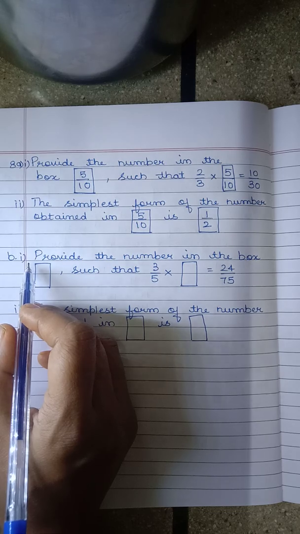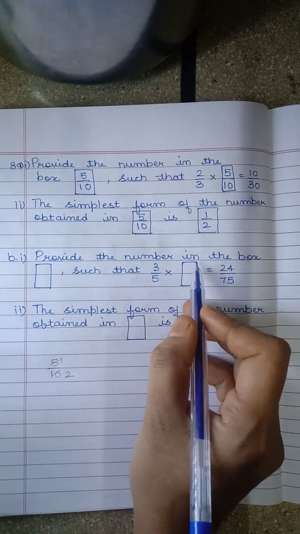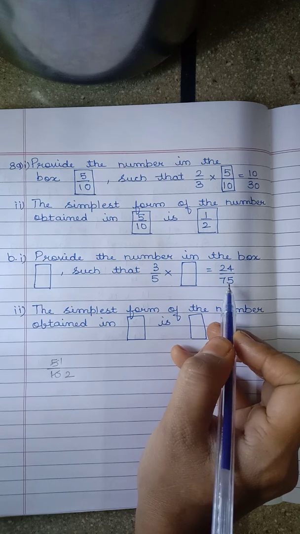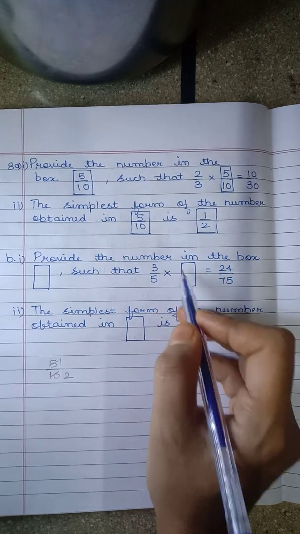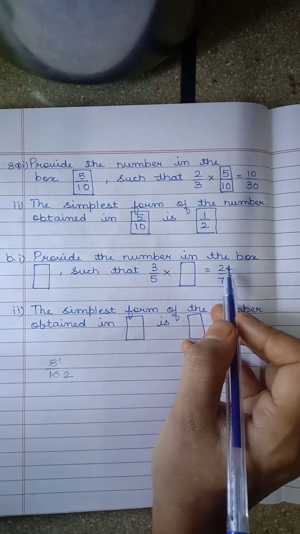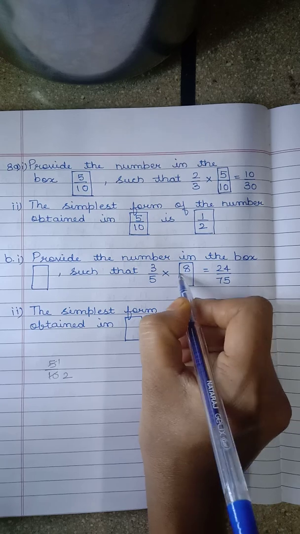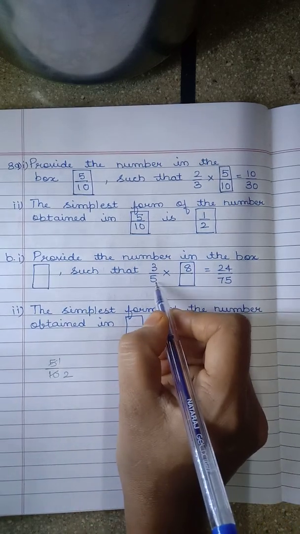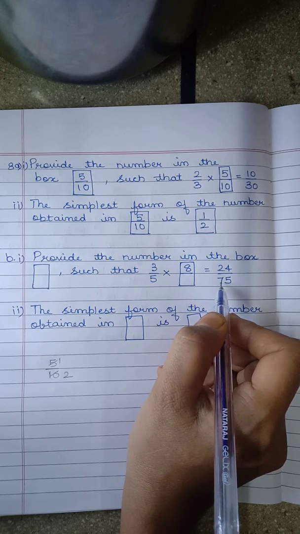Then B, first part. Provide the number in the box such that 3 by 5 into dash is equal to 24 by 75. Same way, 3 multiplied by what number gives you 24? 3 eights are 24, isn't it? So write here 8 upon 5. 5 now multiplied by what number gives you 75?